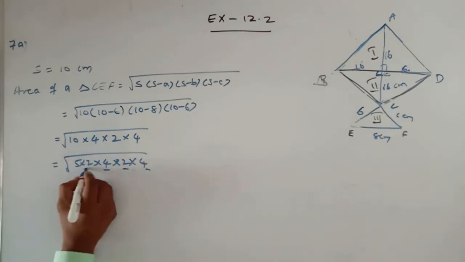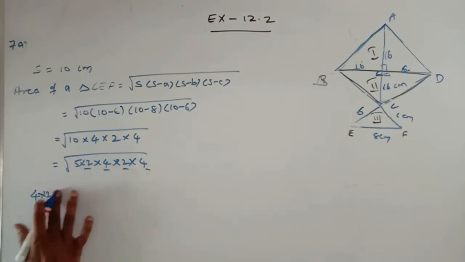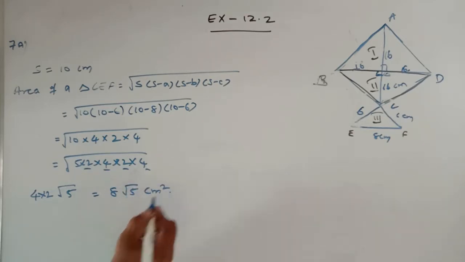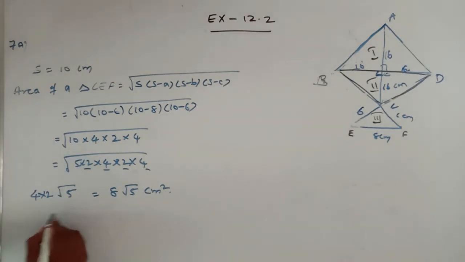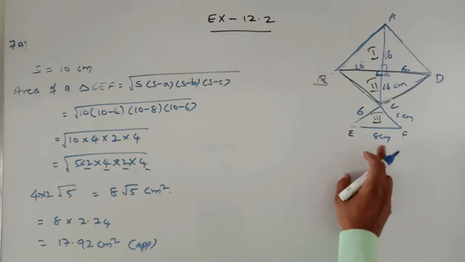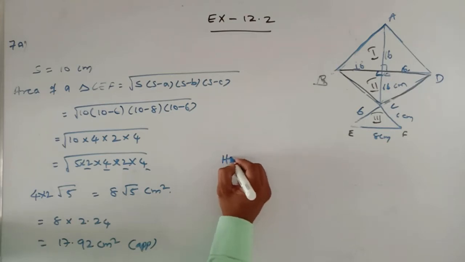Taking out 2 fours and 2 twos, that is 4 into 2, the remaining will be under root of 5. That's equal to 8 root 5 square centimeters. So this 8 root 5 I am changing into decimals. 8 into root 5 value, 2.24, is equal to 17.92 square centimeters approximately.